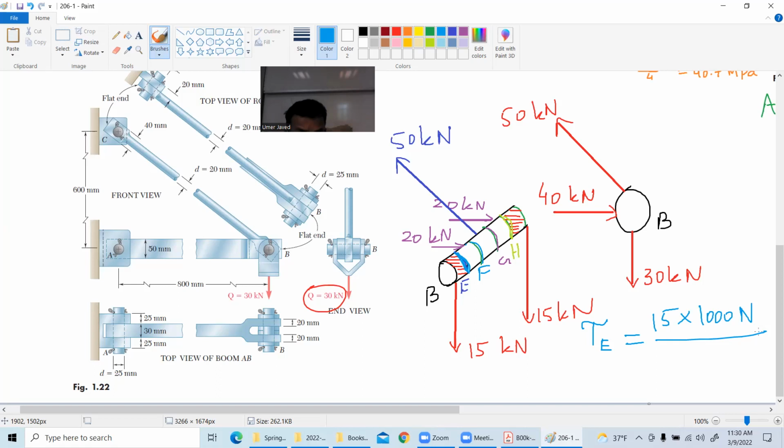What is the dia? 25. Yes, I think 25. So let's do it. Pi by 4, 25 by 1000.